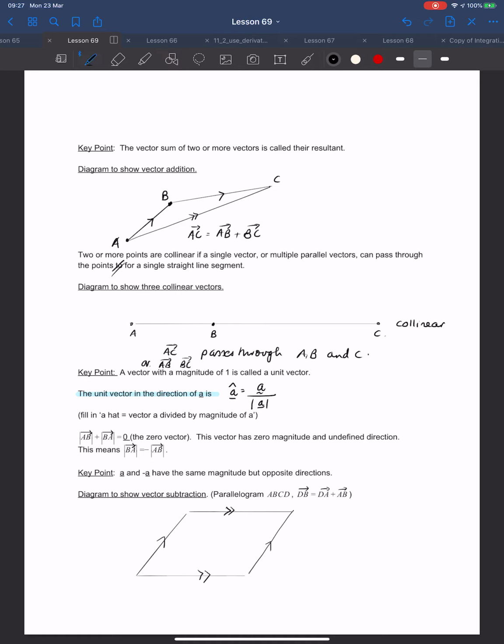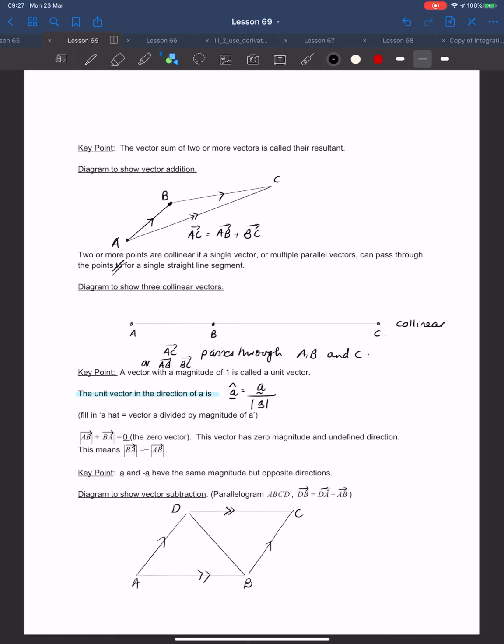Okay, so we've got a parallelogram A, B, C, D. It's quite fun to label these corners going round anti-clockwise. D to B, so my little prompt there says that D to B is D to A plus A to B.